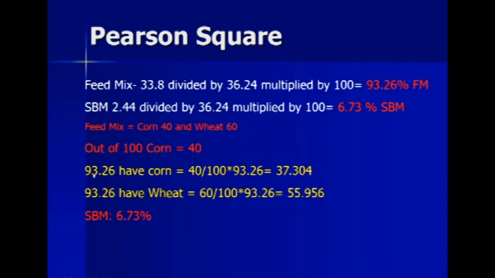It means out of 93.26, 37.304 is the part of the corn in that feed mix. And for wheat, we have a 60% share, so 60 divided by 100 into the total parts, 93.26, we get a value of 55.956. So this is the amount of wheat out of 100. So when we sum up this corn, wheat, and soybean meal value, we get a total of 100.